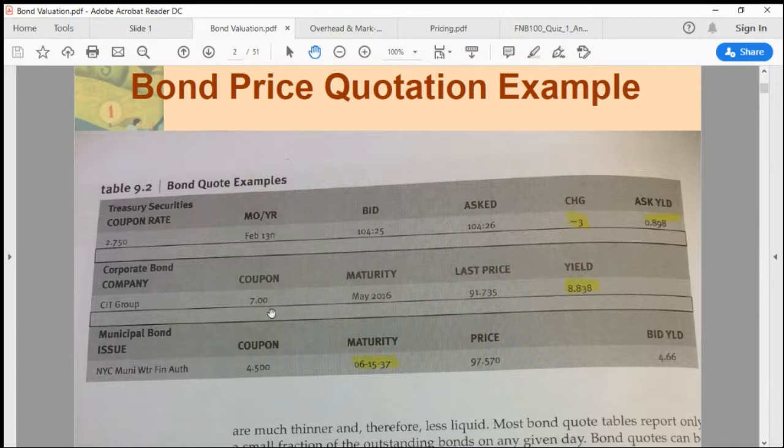Since this example was taken around 2010, this bond has 6 years left. Meaning, in 6 years, you're going to redeem $1,000, and until then, you get $70 interest every year for the next 10 years, right? And it's selling for $91.